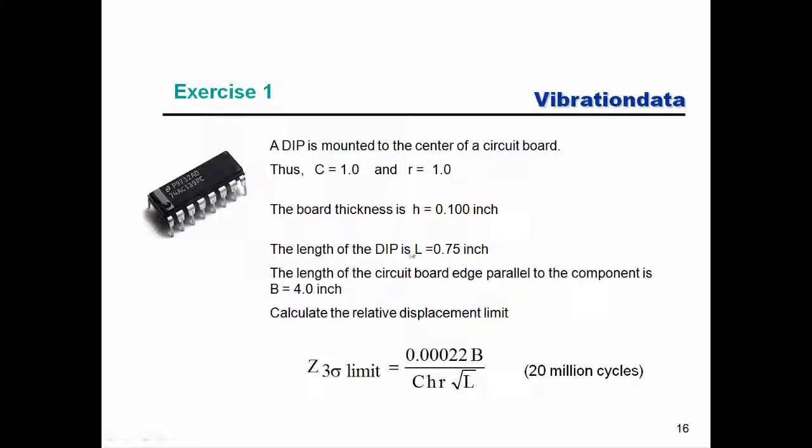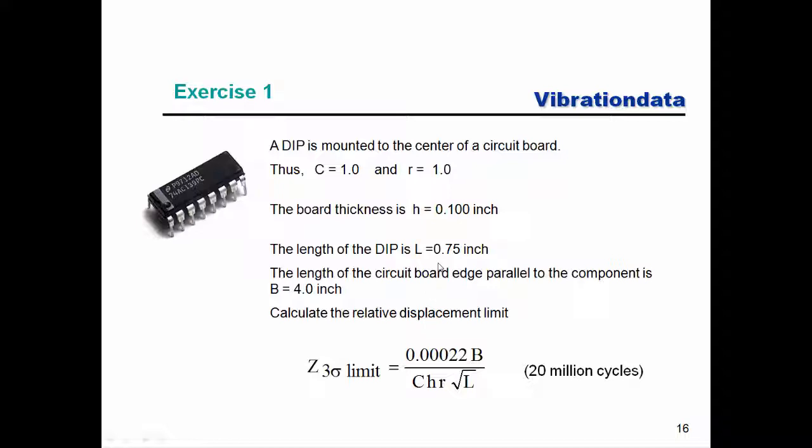The length of the dual inline package L is equal to 0.75 inches. The length of the circuit board edge parallel to the component, B, is equal to 4.0 inches. So we're going to calculate the relative displacement limit in inches using this Steinberg formula.